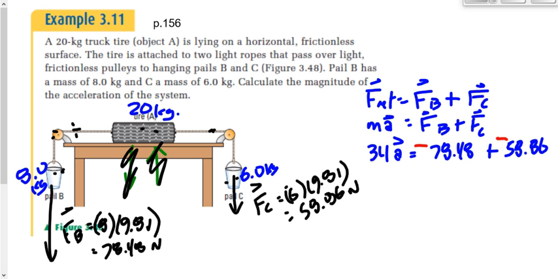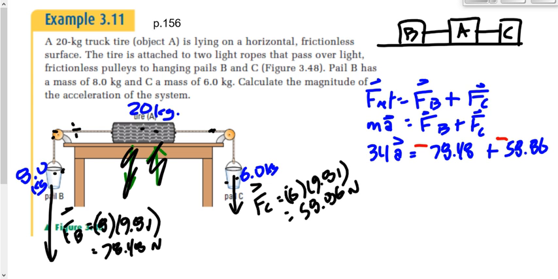But let me redraw this. Let's pretend that pail B is kind of on the same plane as the tire. So we stretch it up like this, and we stretch pail C up like this. And then it starts looking like this. This is B, this is the tire, A, and this is pail C. And we've got a force over here of 78.